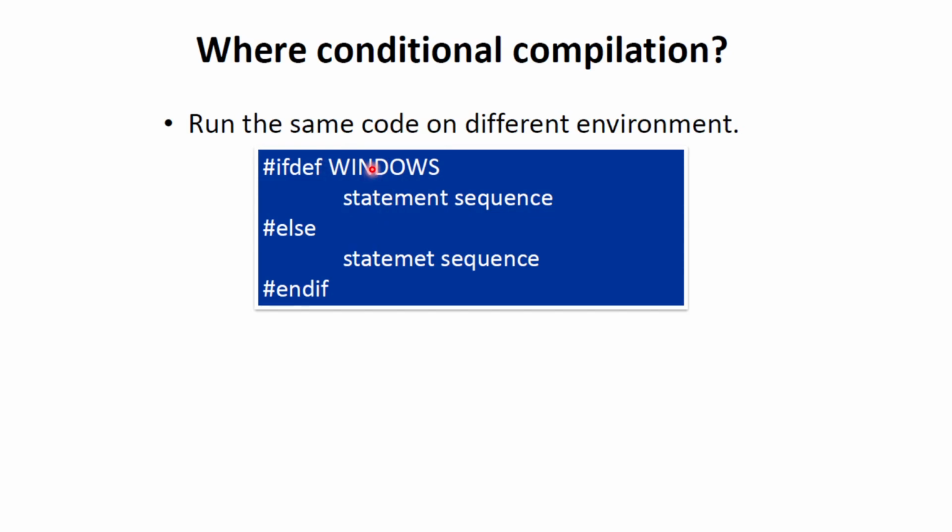If it is not running on Windows, maybe Linux, then some other set of statements. Whether the first statement sequence or the second will be present in the intermediate code depends upon whether Windows is defined or not.